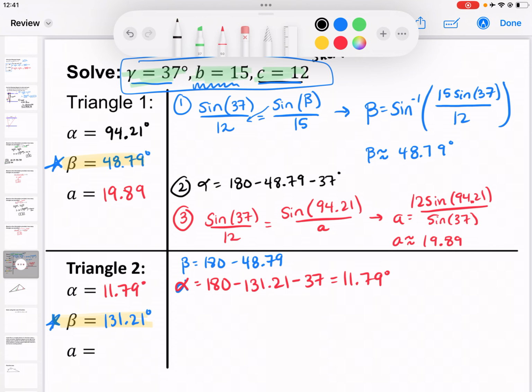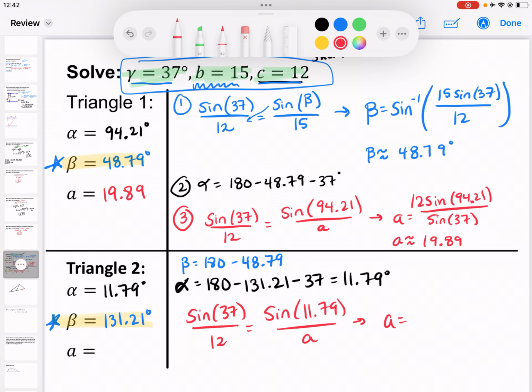Then we're going to go to step 3. Probably should have done these in the same color I did them originally. That would help. Let's change that. And then step 3, we're going to do the same process by doing sine of 37 over 12 again equals, this time, sine of 11.79 over a.